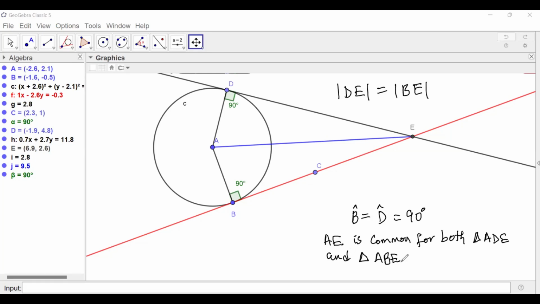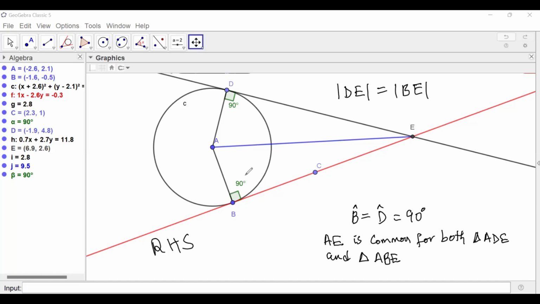Now what we want to establish is that these two triangles are congruent, and if we can establish RHS for congruency, this is what we are looking for, which is a condition. One of the conditions for congruency is RHS, which is one right angle, one hypotenuse, and one side.